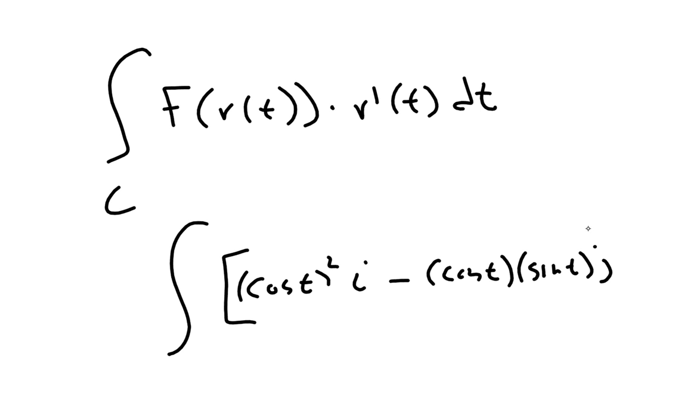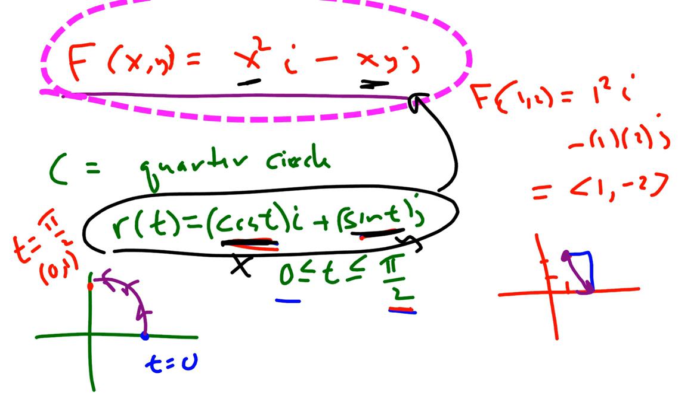So that's that vector. That takes care of just this part. And then there's a little dot for dot product. So we do a dot product with r prime of t. And r prime of t means, and I've written it so many times, but here it is. It's this thing I'm circling in black.